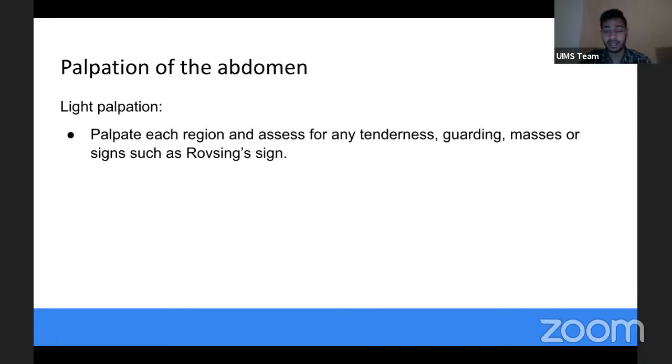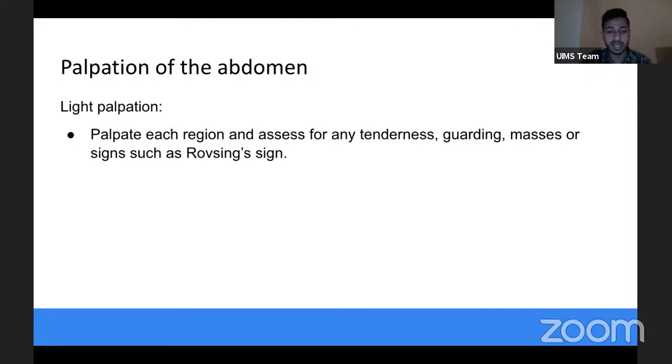If there's any guarding, so guarding is involuntary tension in the abdominal muscles that occurs on palpation, which is once again usually associated with peritonitis. Then also, if there are any masses or signs such as Rovsing sign.